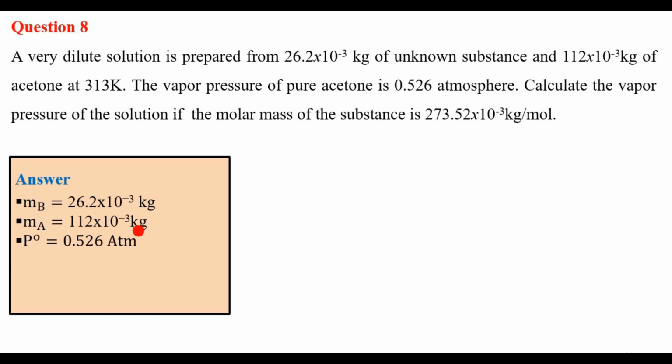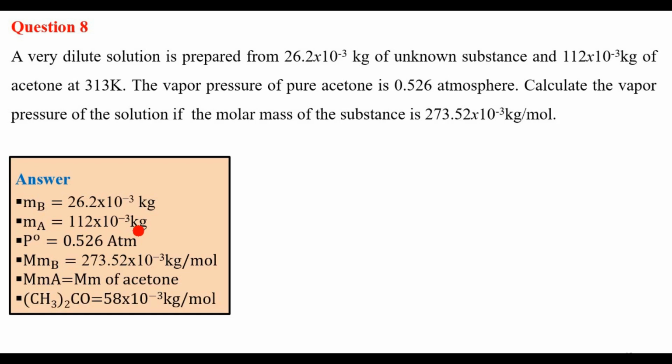We have also the MMB, which is the molar mass of the solid. In this case, it was given. We have also the molar mass of A, or the molar mass of the pure solvent. In this case, we are going to consider the molar mass of the acetone. Then we can calculate the molar mass of acetone, and we get 58 times 10 power negative 3 kilogram per mole.